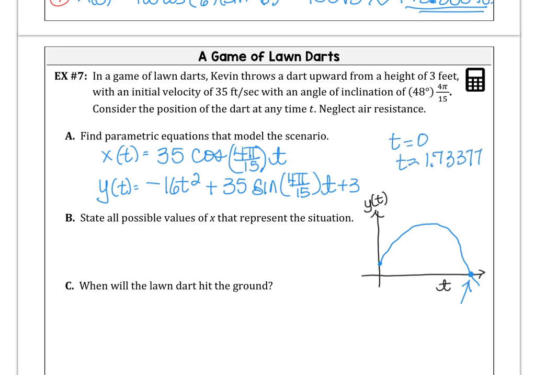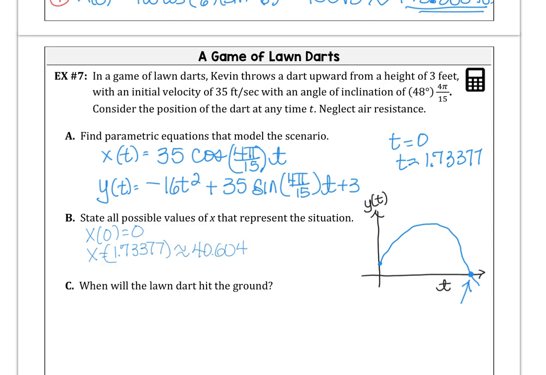1.73377 seconds. So if I evaluate the x of 0, you get 0, but the x of 1.73377 is about 40.604.